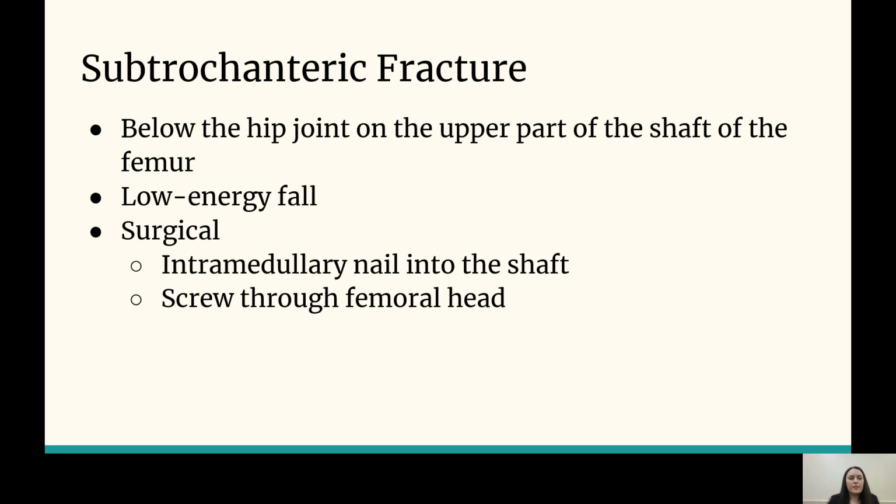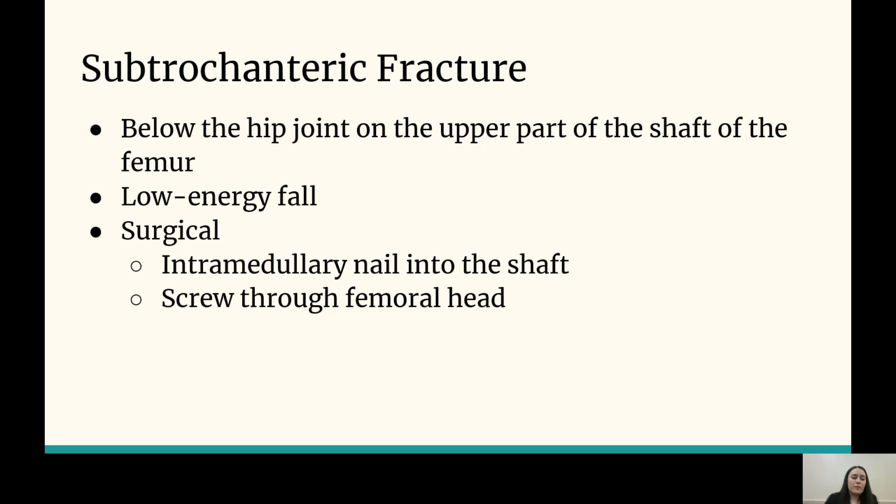Next, we're going to be talking about the subtrochanteric fracture. This one is below the hip joint on the upper part of the shaft of the femur. Like I said, this one is also a low energy household fall. It's very common in our older population. This one is surgical.